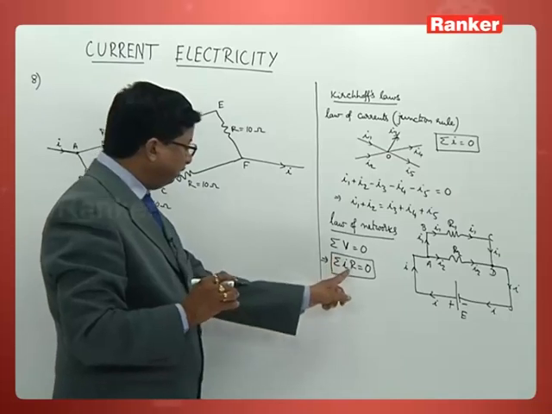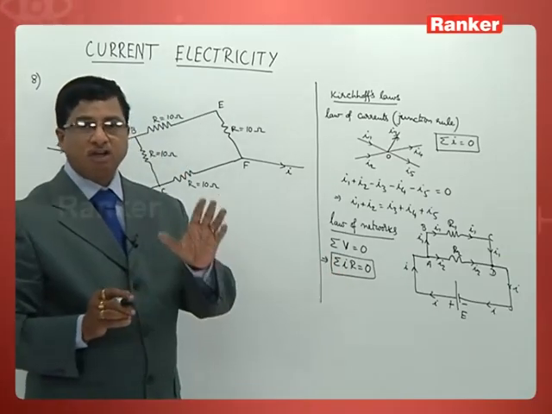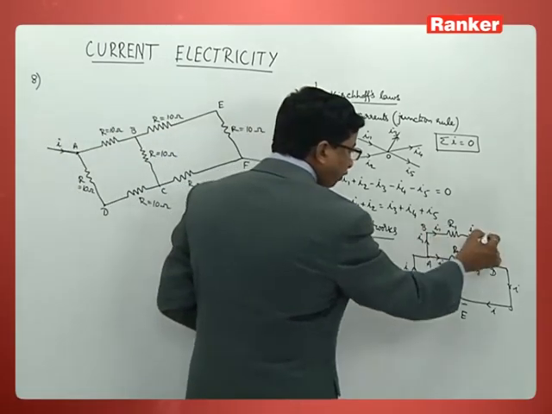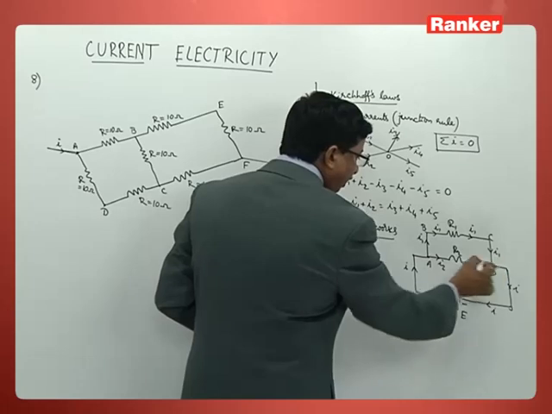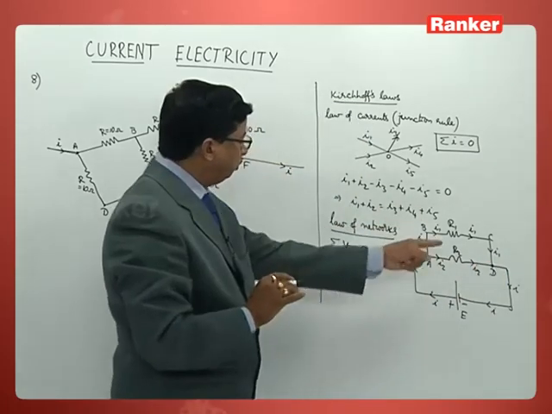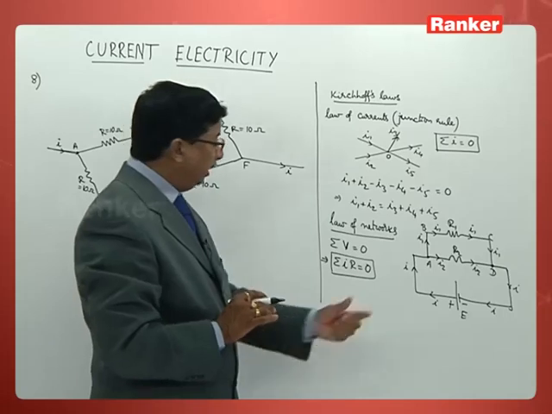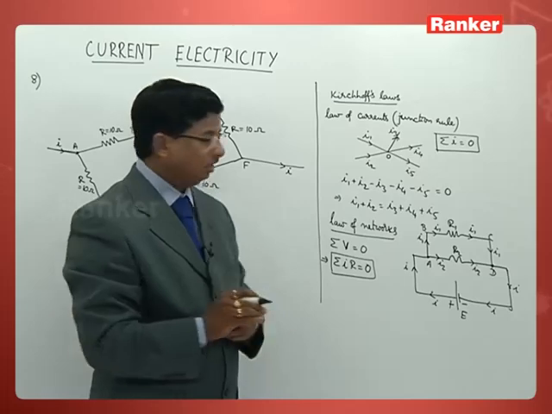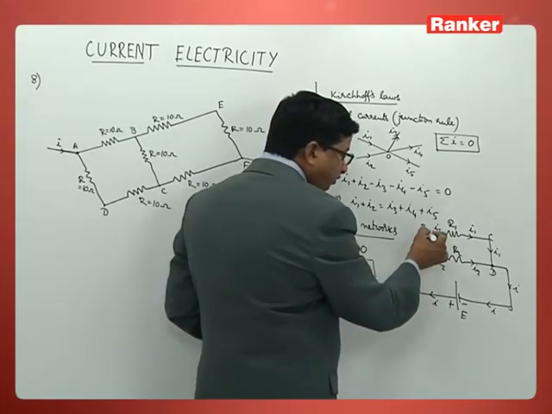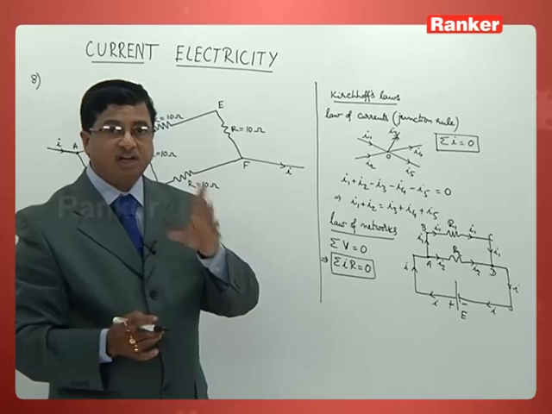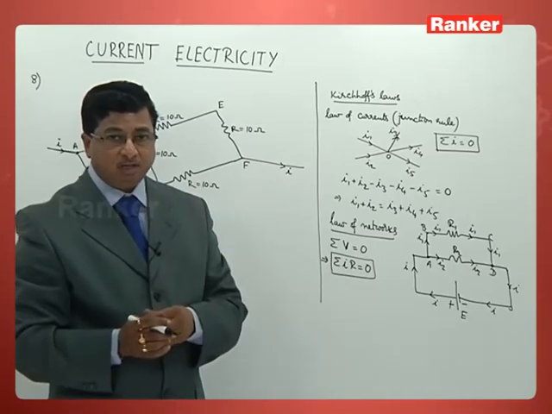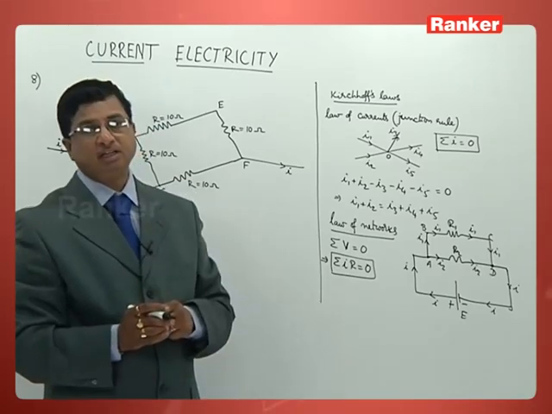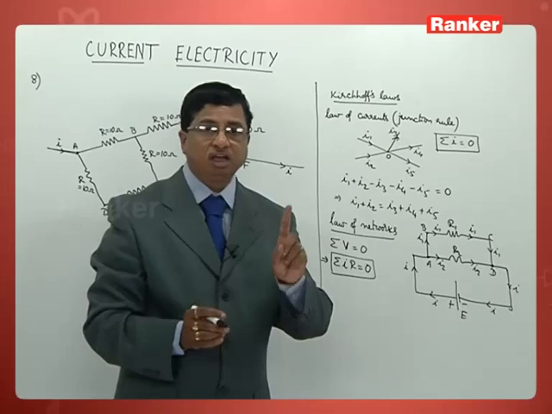But while applying this law, you should understand one convention. If I take this closed circuit A, B, C, D, A, it's a closed circuit, no doubt. While taking this closed circuit, what is the convention we follow? If we move across the circuit along the direction of the current, that current should be taken with a negative sign.